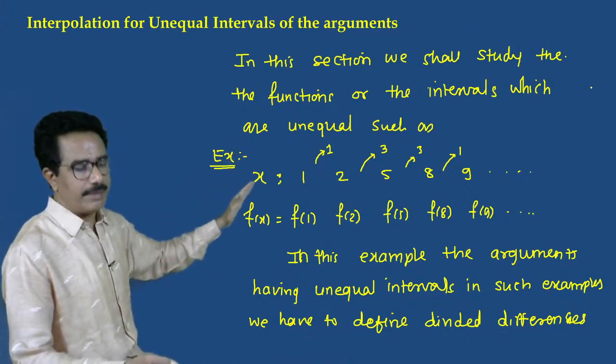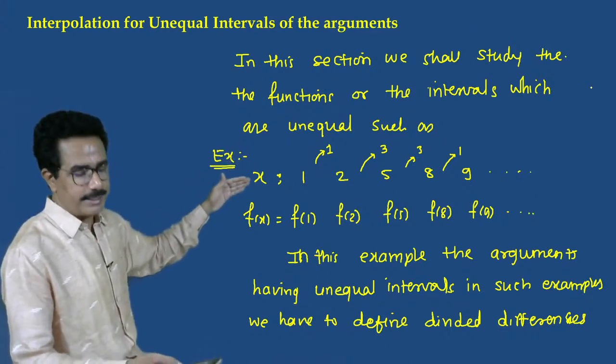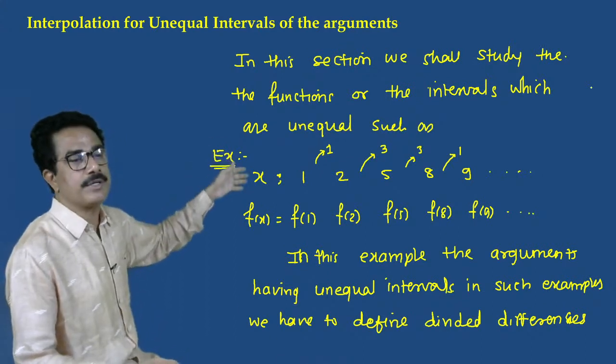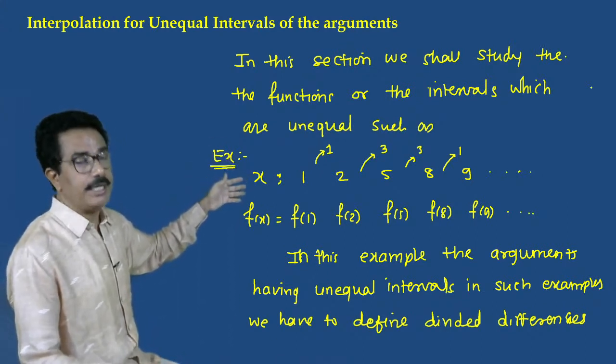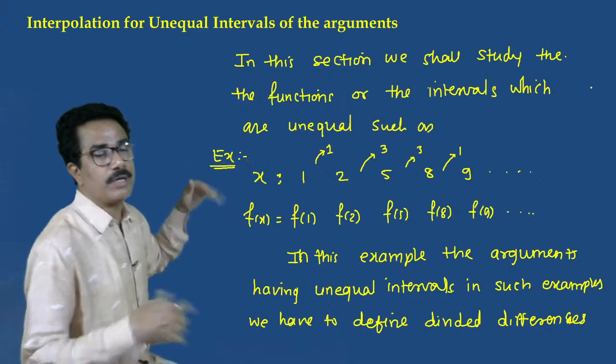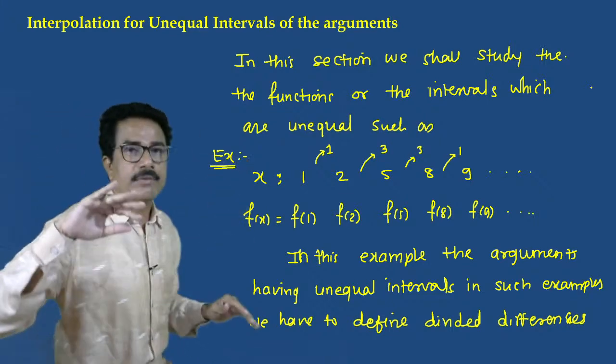That means the interval between each argument is not equal, so such arguments are called unequal arguments.